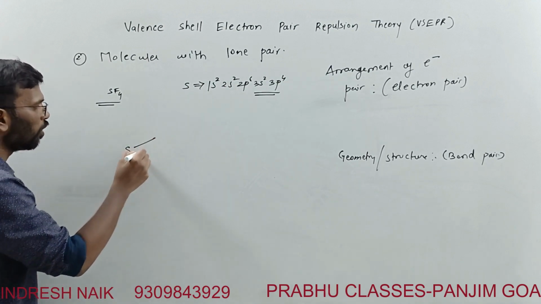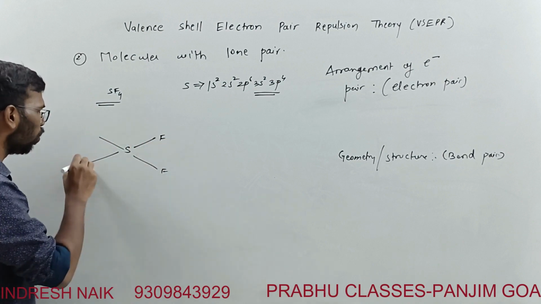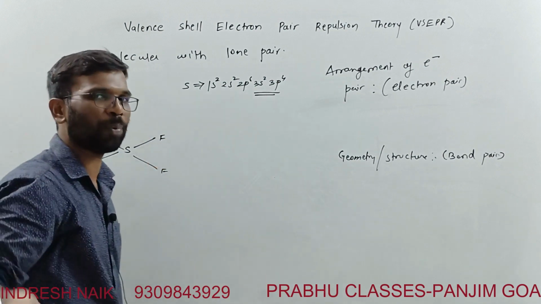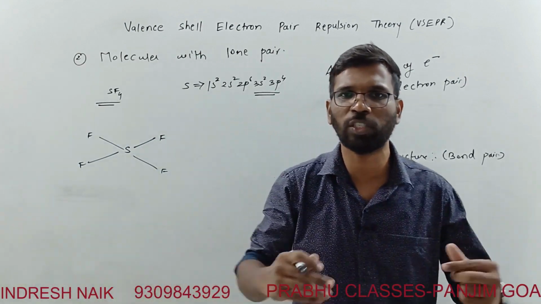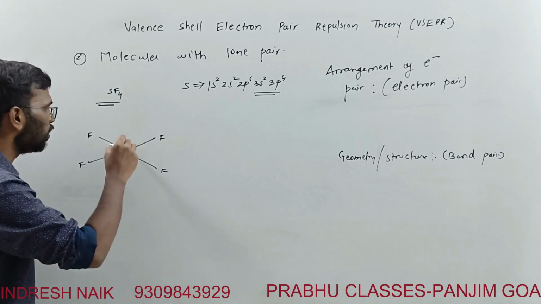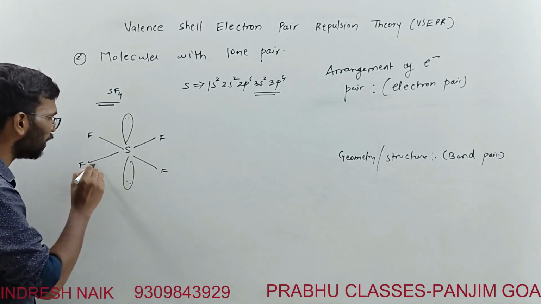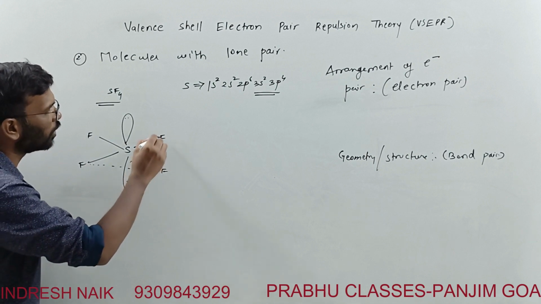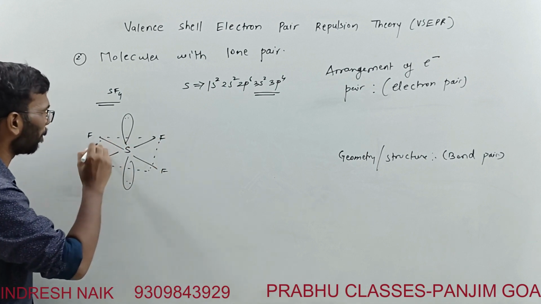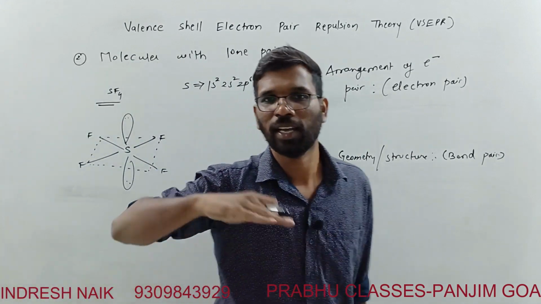So there are 4 fluorines. And always remember that lone pairs always want to stay as far apart as possible, at maximum angle. So it is one above and one below. Hope you understand. All these fluorines are in one plane, and the lone pairs are one above the plane and one below the plane.